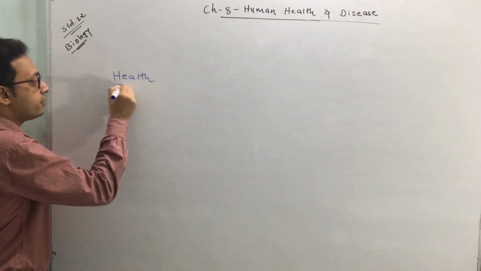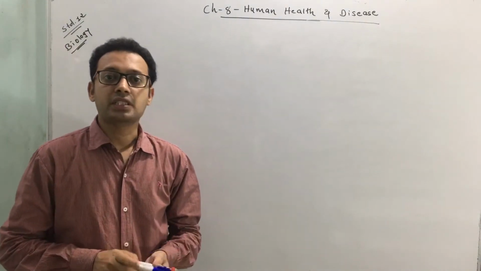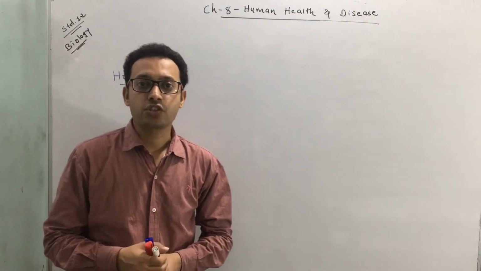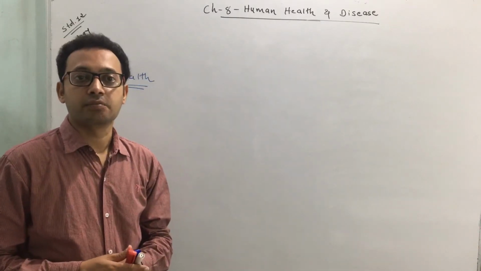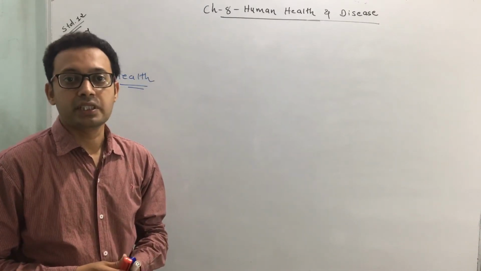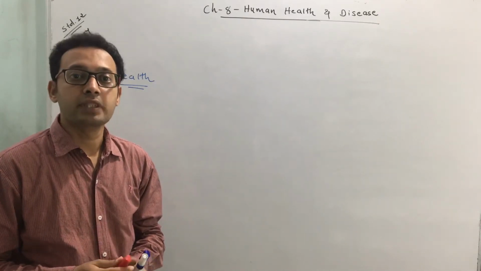Clear? If you see health according to old science, that means according to our ancient system of Ayurveda and according to the Greek system of medicine, the medicine system given by Hippocrates, what does health mean?